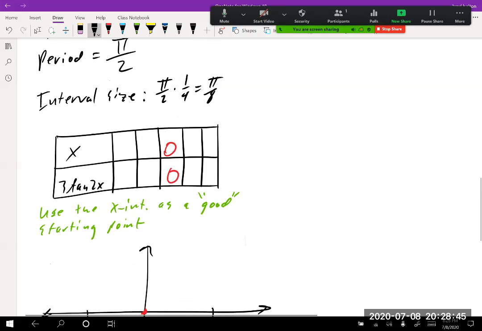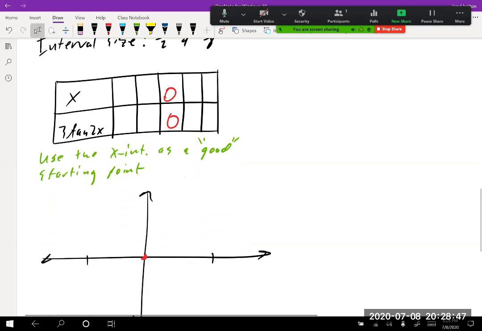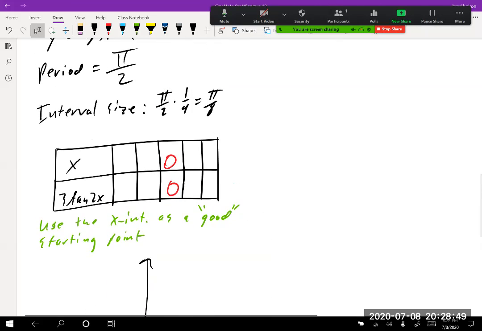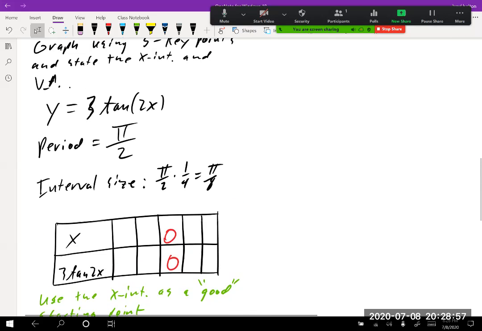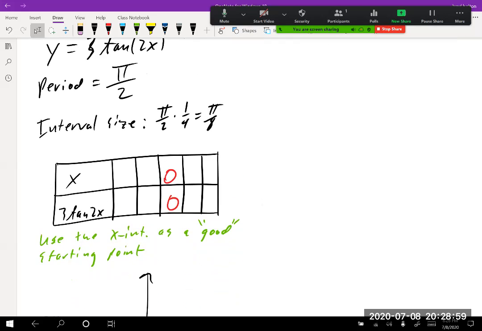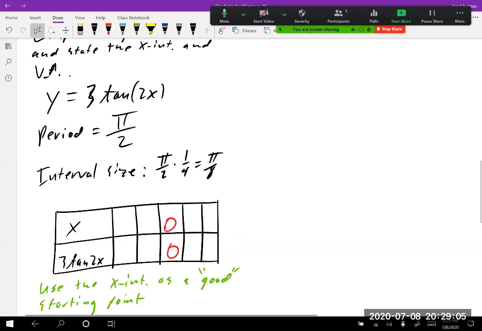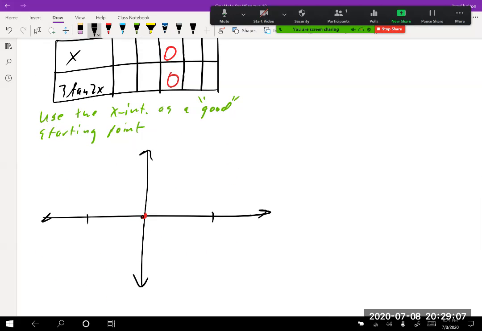Wait a minute. Let me see here. So if it has an interval of pi halves, that means that I have to go 3 tan. Did I write this one down correct? 3 tan 2x. So that means that if that is my x-intercept, remember it has to repeat itself.